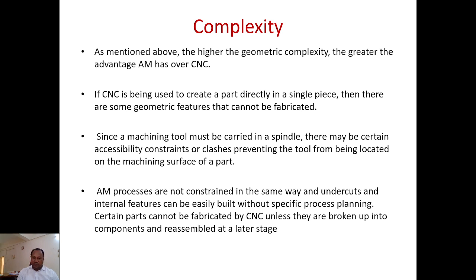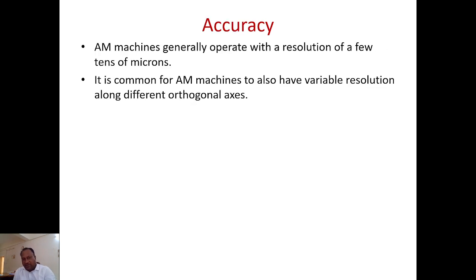Complexity: as mentioned earlier, geometric complexity is a greater advantage AM has over CNC. In CNC, when we want to make a single piece, there are some geometric features that cannot be fabricated, because with machine tools, tool holders and spindles, certain accessibility is required. Whereas the AM process is not constrained in the same way, and features can be built with specific process planning. Accuracy is generally within a few tens of microns, with variable resolution.